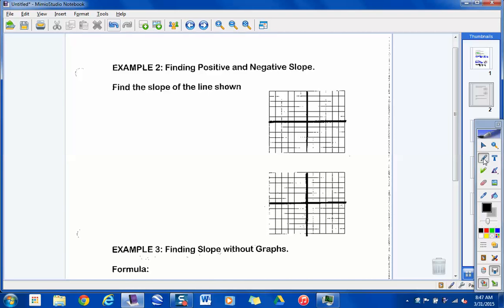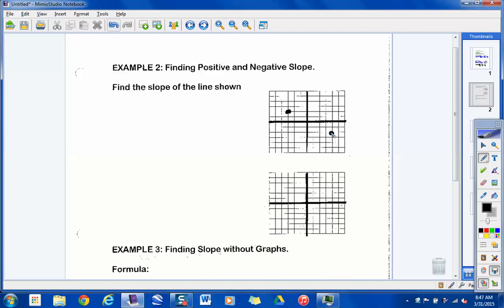Alright. Left 4 and up 2 for this next one, please. And then go right 4. Left 4 and up 2, and the other point will be right 4 and down 2 from the origin.